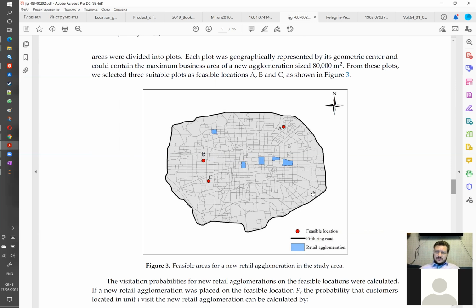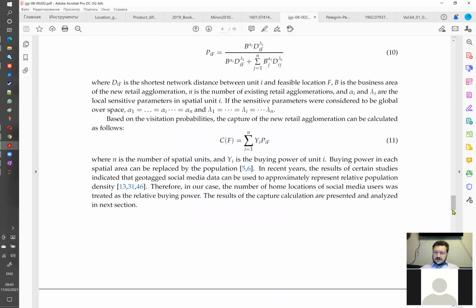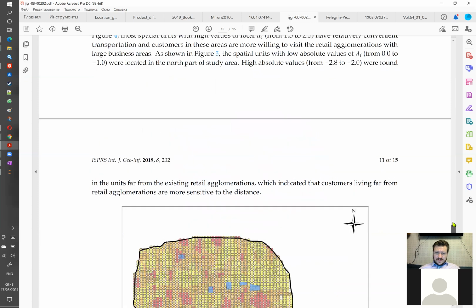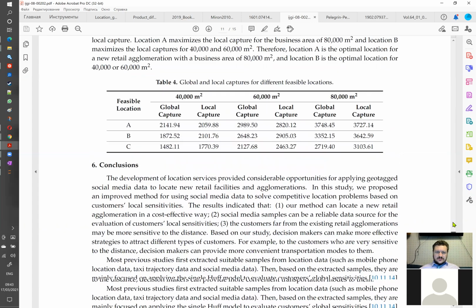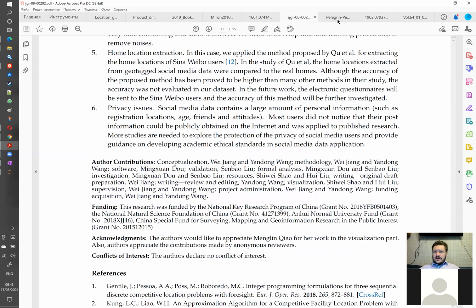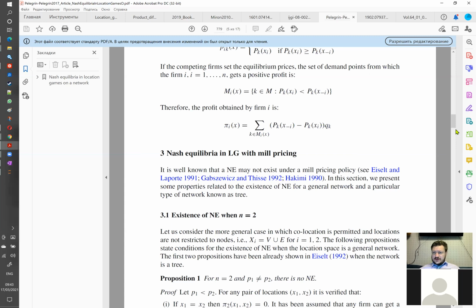In this case, we can use Google or something to show it. It looks great, though in a mathematical sense it doesn't show us anything very interesting. They have some sensitivity parameters and so on. So it's a very interesting paper in terms of application.